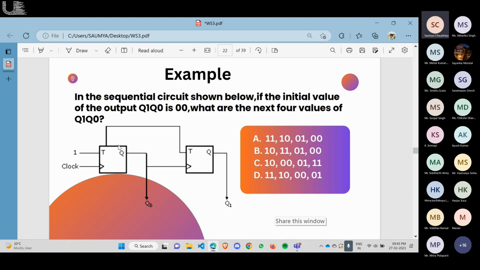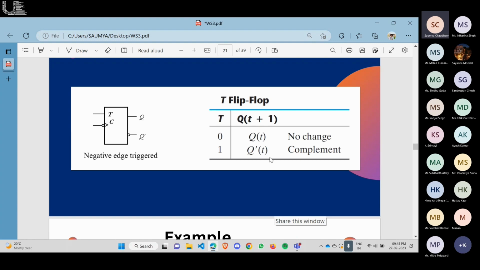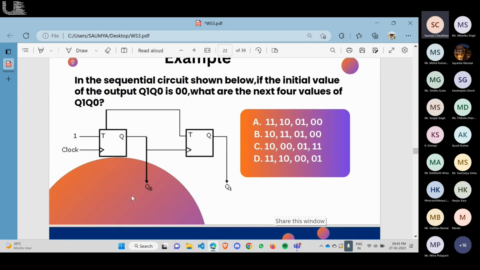You can see what will happen with this output when T is 1. The same T is going here also, so here also T is always 1. You should remember we are giving this output as a clock to this one, so this will only change when the clock is in the triggered region, and it is a positive edge triggered flip-flop.